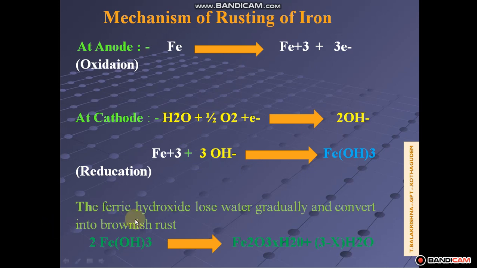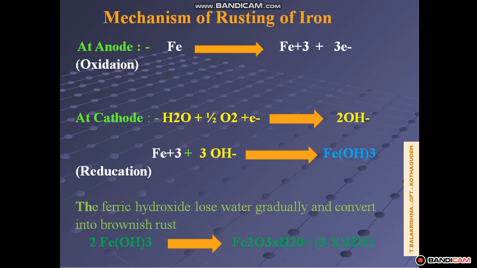This ferric hydroxide gradually loses water and converts into brownish rust. That is, 2Fe(OH)3 giving rise to Fe2O3·xH2O plus (3 minus x)H2O. This is the mechanism of rusting of iron.